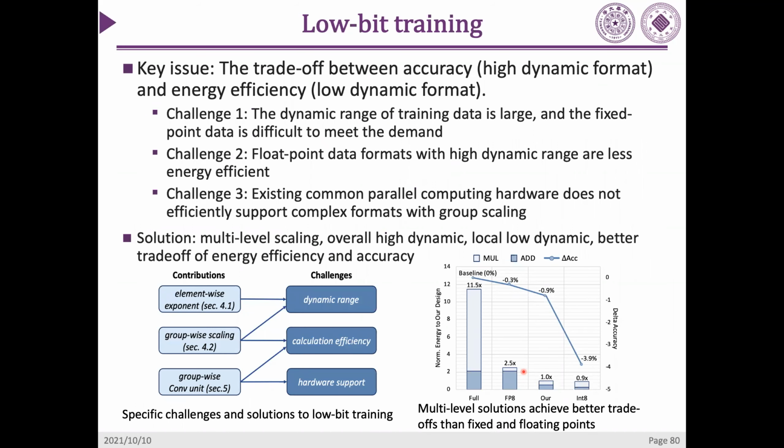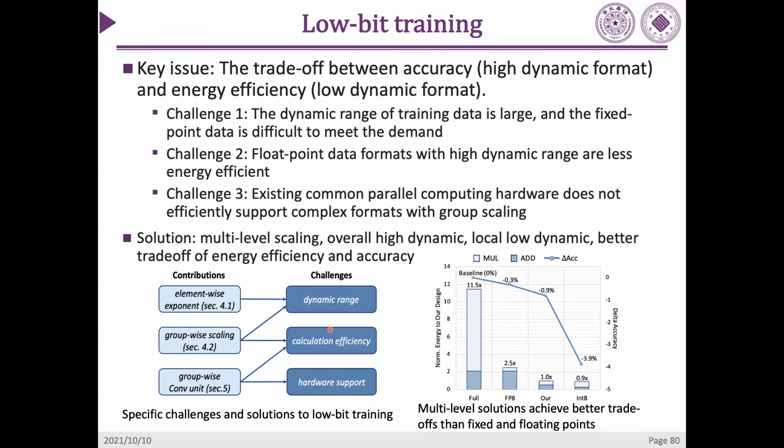And we find some key issues because there are trade-offs between accuracy and energy efficiency. If you use a high dynamic format, you will have higher accuracy. If you use a low dynamic format, you will have higher energy efficiency, but lower accuracy. So there are three challenges of low bit training.